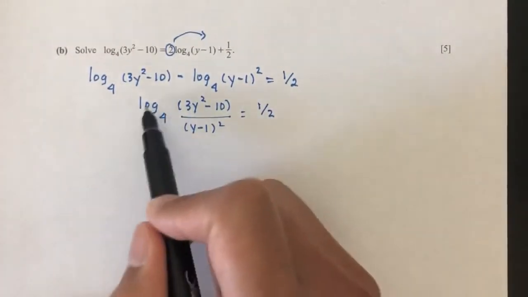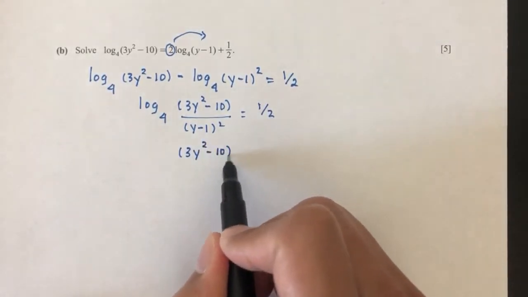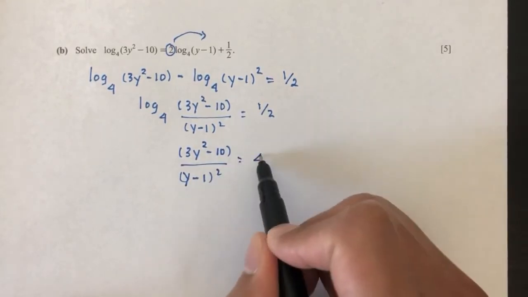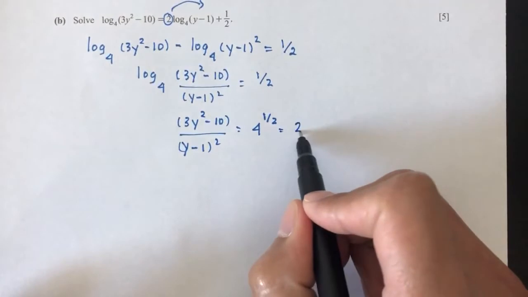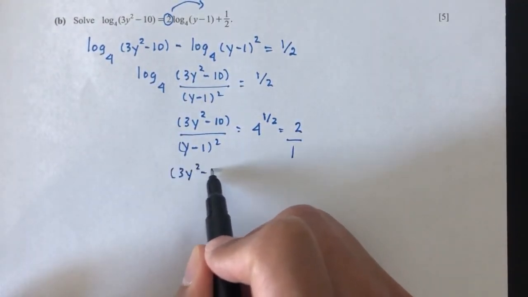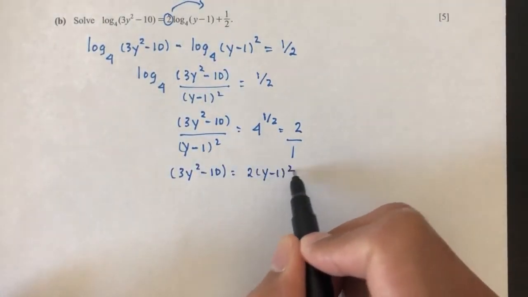So we can send this one over here, and this will become 4 power half. This is 2. So we cross multiply, we have 3y squared minus 10 becomes 2 times (y minus 1) squared.